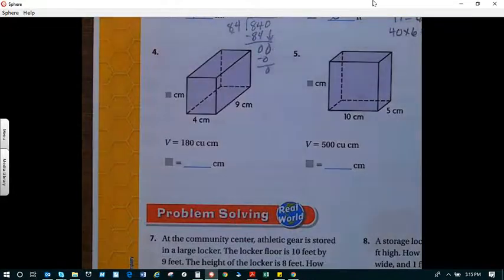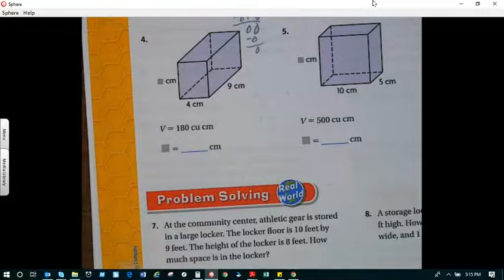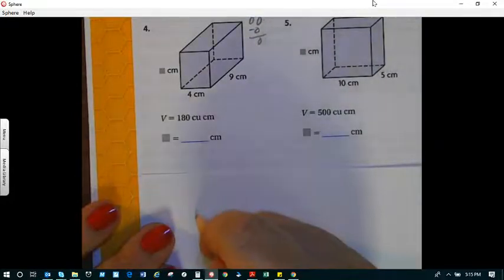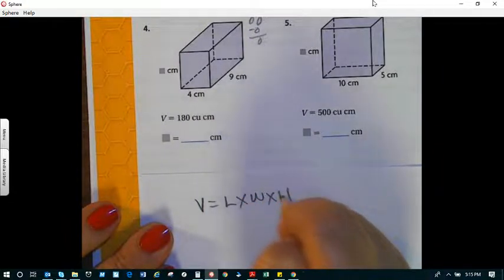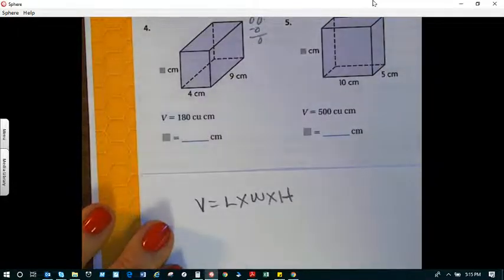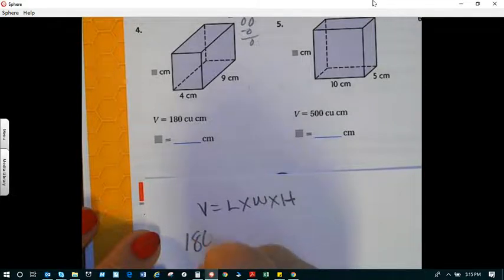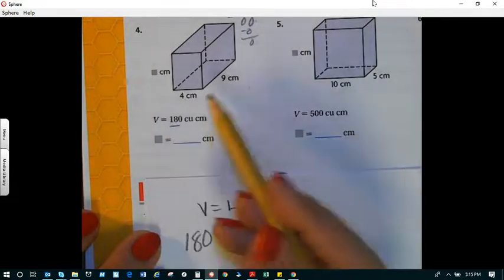Number 4, I have 180. So volume equals length times width times height. Remember I said you had to show your evidence. You can probably now start to see it in your head. However, you're still in training, so I want to make sure that you understand exactly what's going on. 180 is my volume.